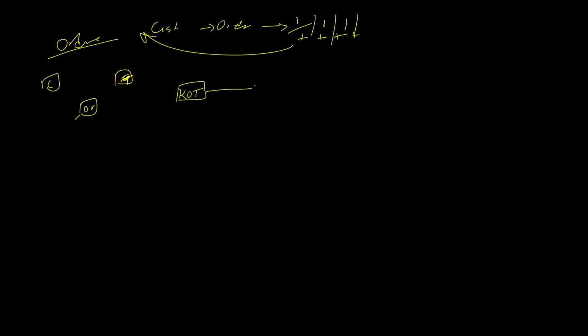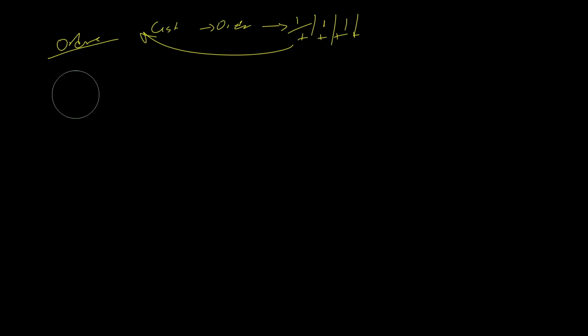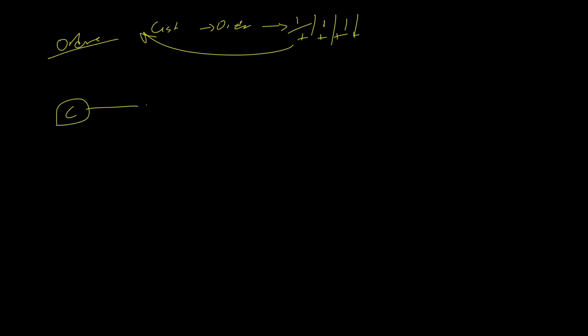And the KOT will be connected to the menu items actually. That's how it will be done. Oh, I shouldn't have made it so small, because it doesn't make sense like that. Let's say there's a customer that's connected to a table.